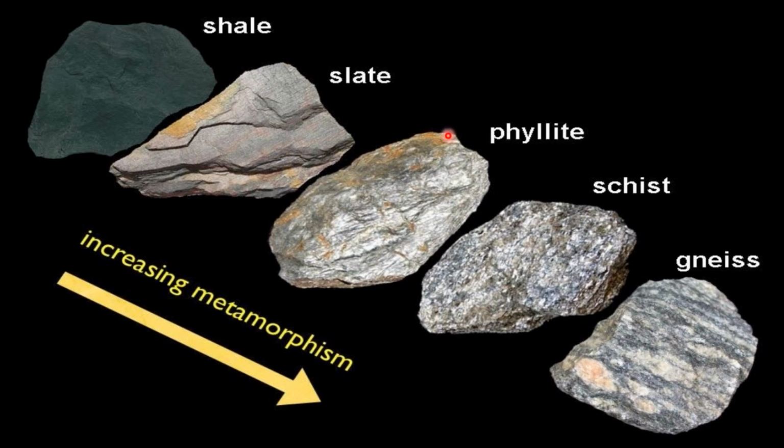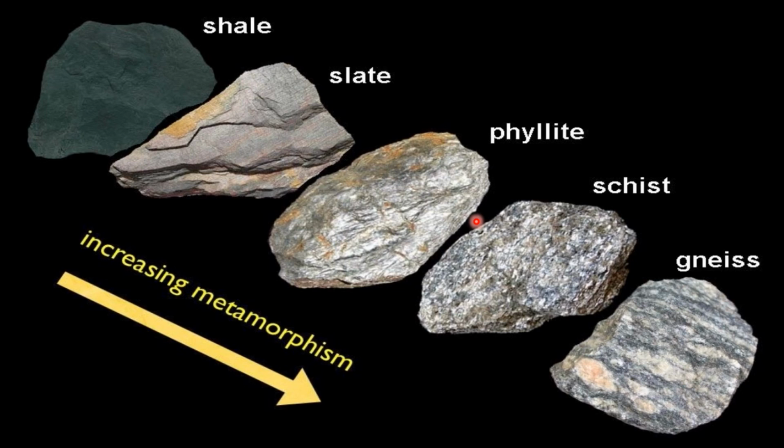This slate, when also exposed to high heat and temperature, or heat or temperature and pressure, it may also undergo another change, okay, into another type of rock, which is the phyllite. When this phyllite also experiences high temperature and pressure, it may change again into another type of metamorphic rock, which is the schist.